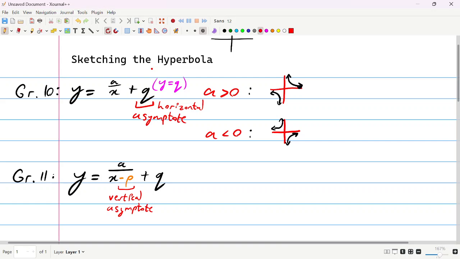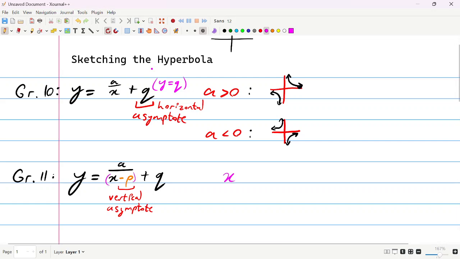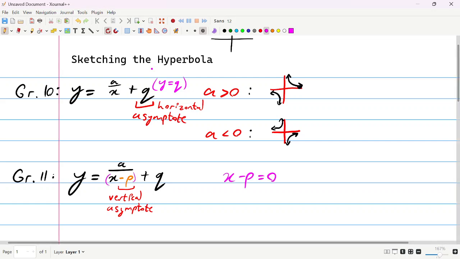And how do we find out where that asymptote lies? Essentially, we take x minus p and say x minus p is equal to 0. This implies that we take the negative p over, and we have x equals p. And this would be our asymptote.